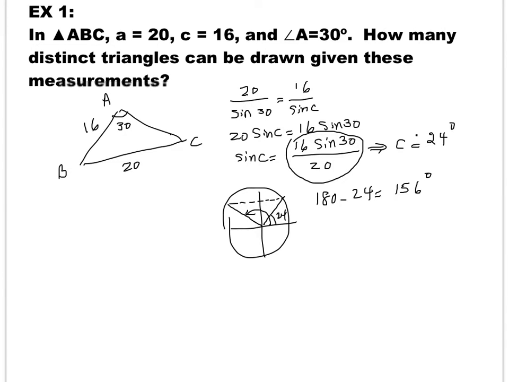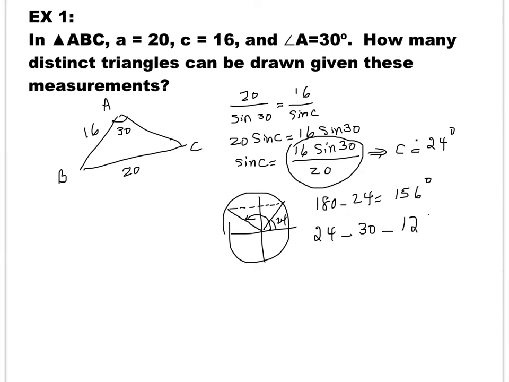Now, we get two possibilities here. Either angle C is 24, angle A is 30 degrees, and angle B is 180 minus 24 minus 30, which gives us 126 degrees, which is possible.